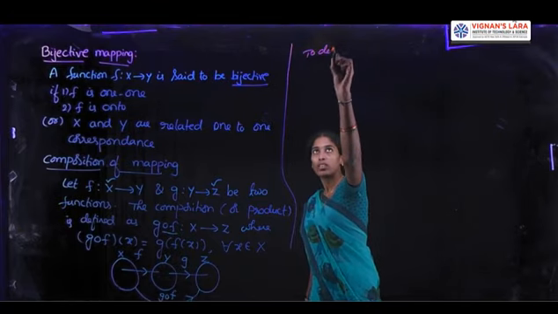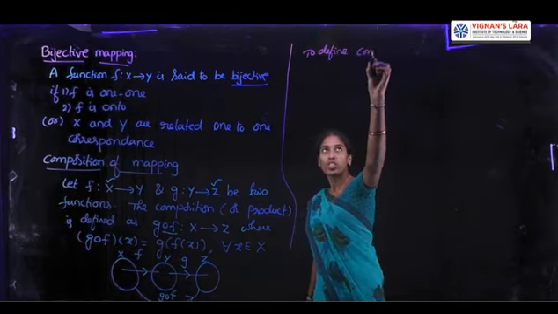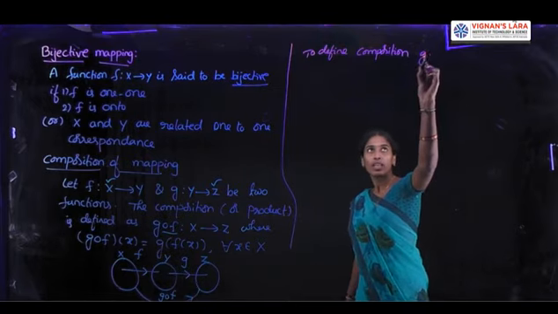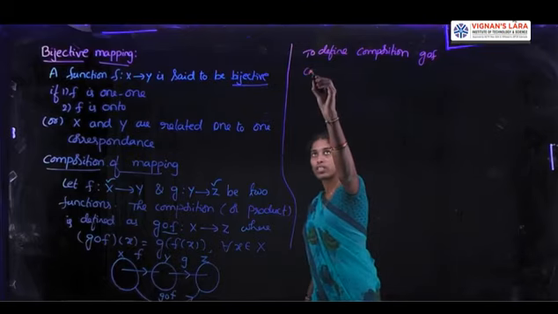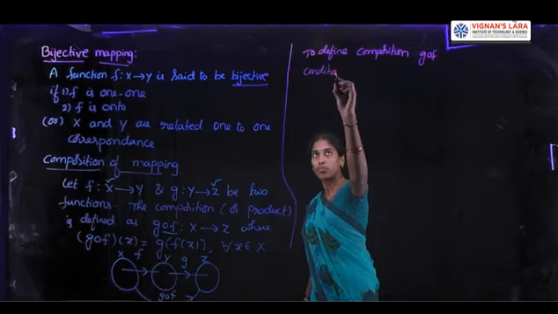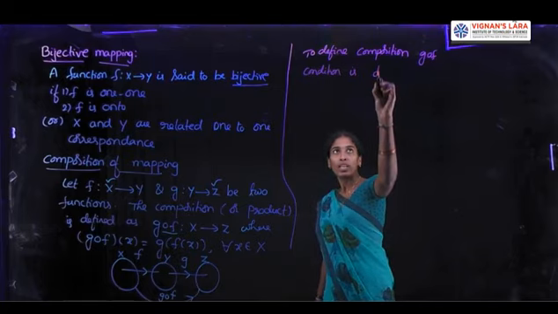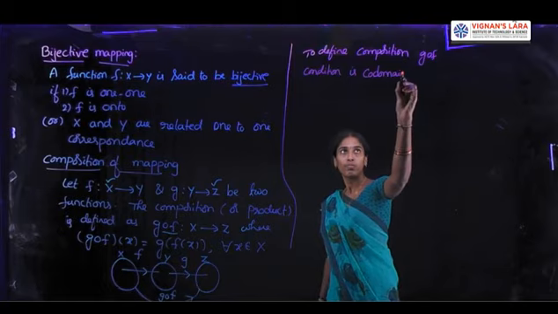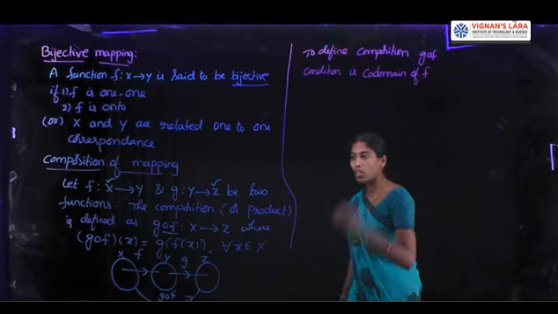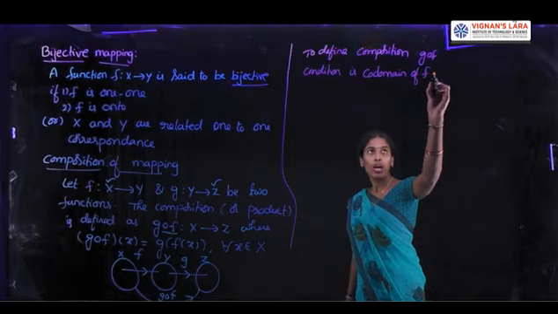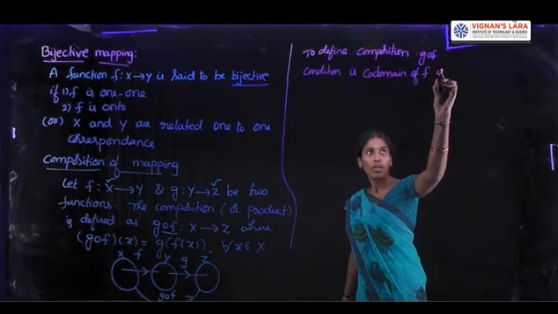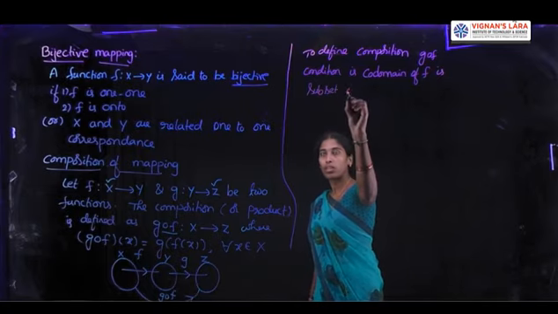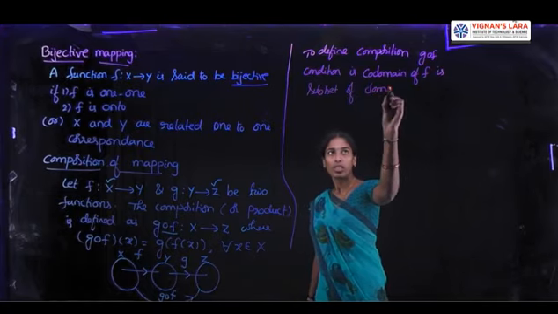To define the composition g circle f, the condition is that the codomain of f is either equal to, or a subset of, the domain of g.